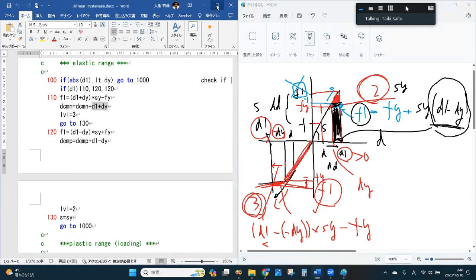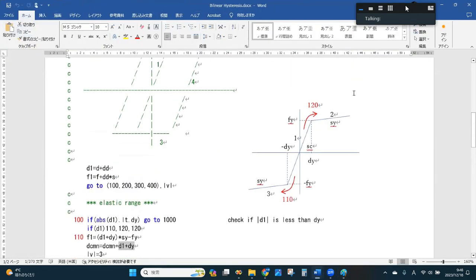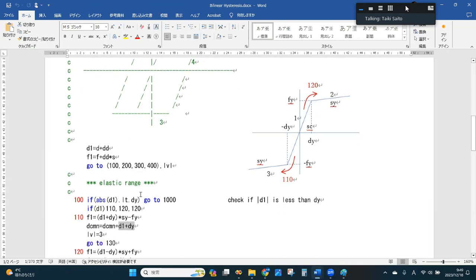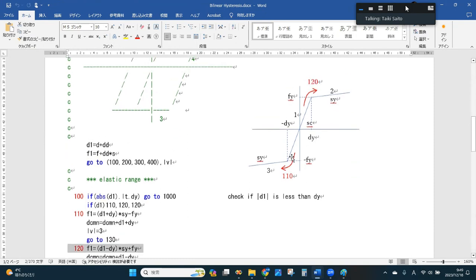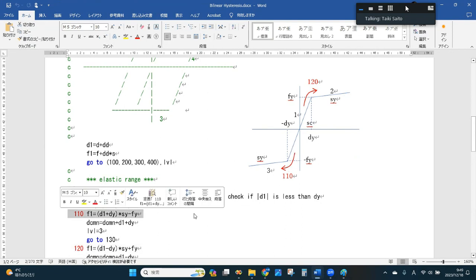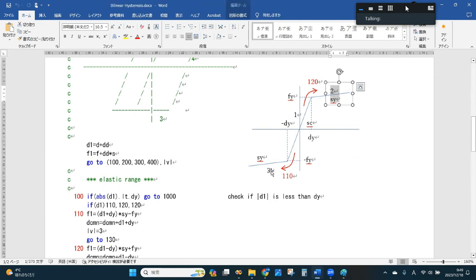So I explained here: if the new deformation is over Dy, it will be 120. And if the new deformation is less than minus Dy, it will be 110. And the new level number is 2 and 3.